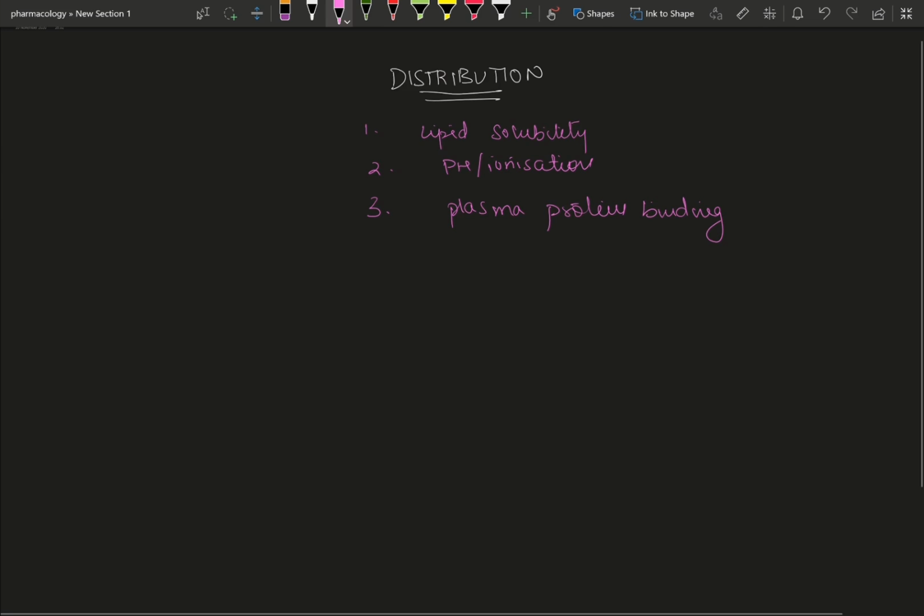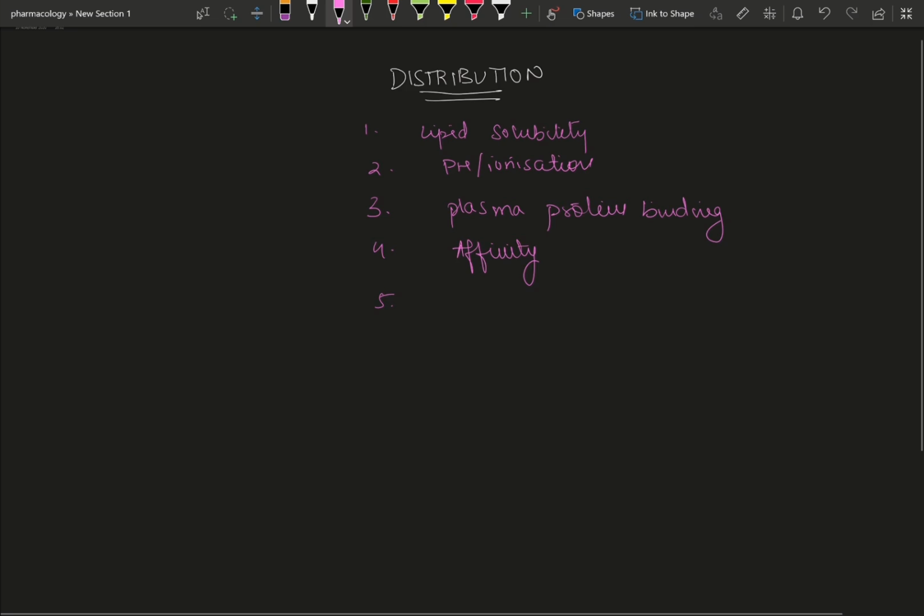As we discussed in plasma protein binding, the free drug, when it is available, gets bound to the plasma protein and is then carried along with blood to various destinations. And lipid solubility, we know that since each and every biological membrane is made up of lipid, obviously a drug needs to be lipid soluble to pass through it, and it should be lipophobic if it needs to travel in the blood.